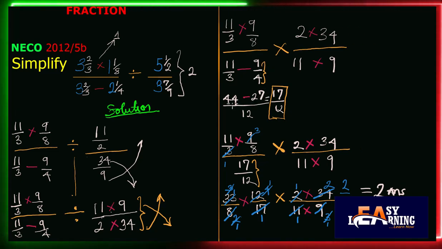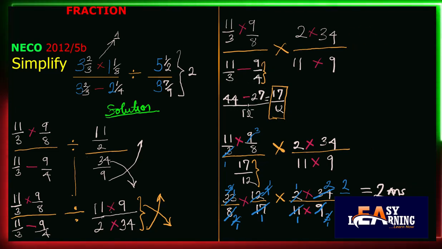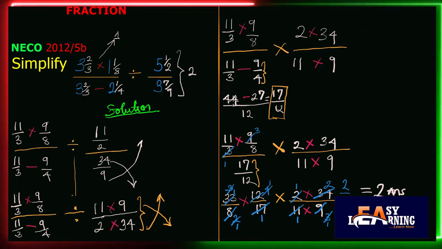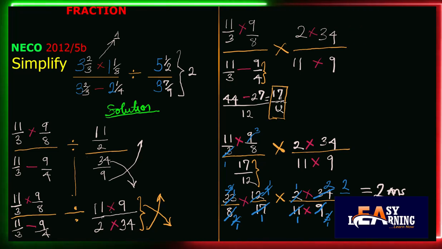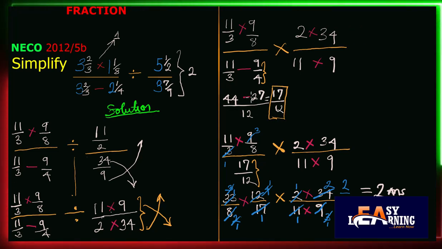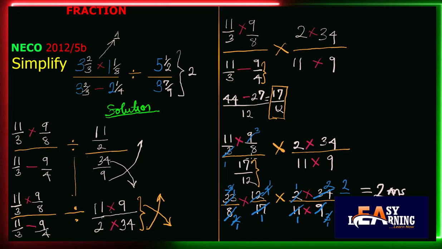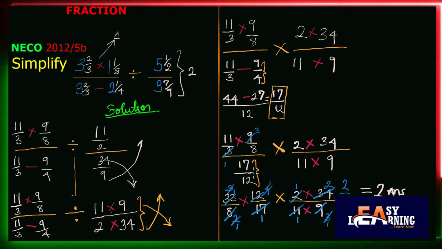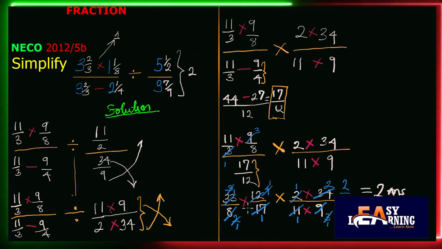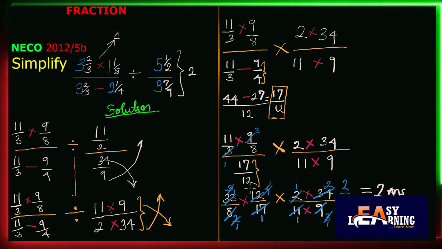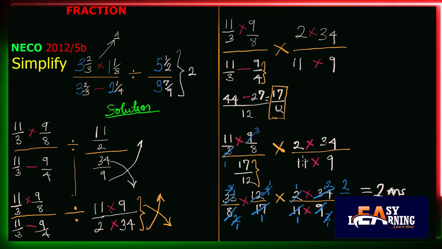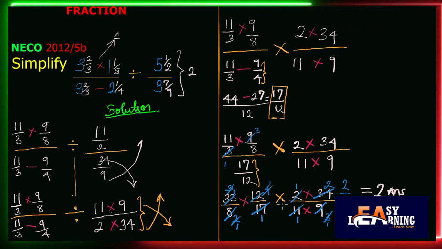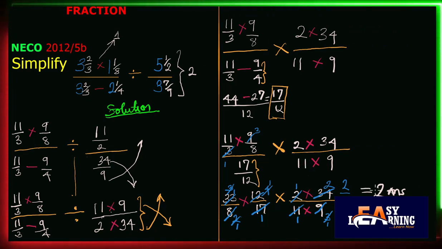We found the LCM of 3 and 4, that was 12, and then we subtracted, 44 minus 27, that gave us 17 over 12. Now this 17 over 12 replaced the two fractions, and we introduced the multiplication sign, and that made us interchange. 12 became numerator, 17 became denominator, and we brought down this one, did our cancellation, and our answer was 2.